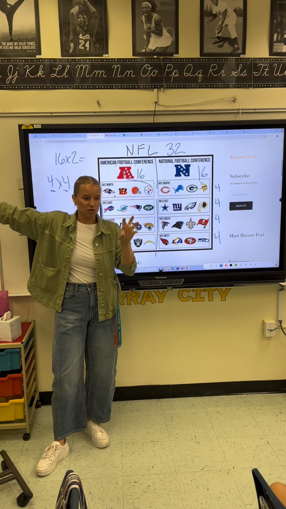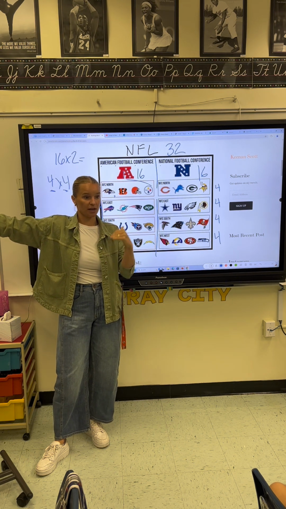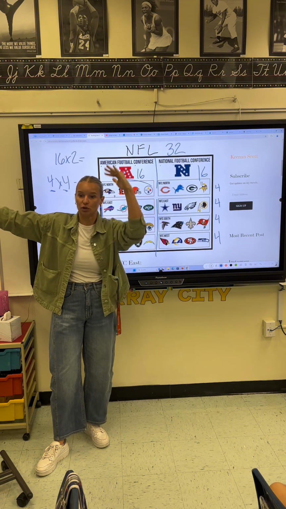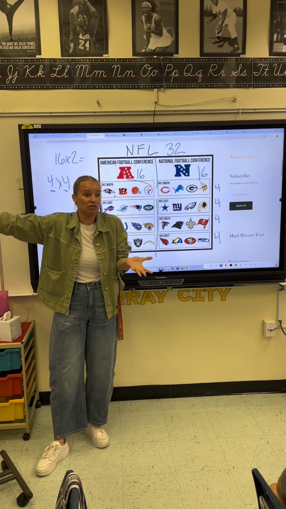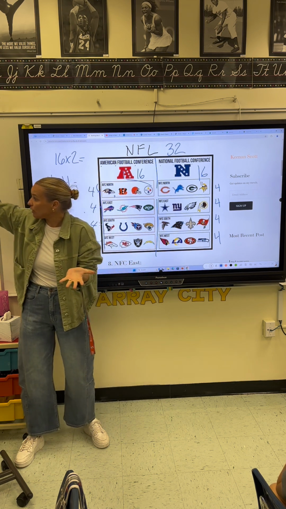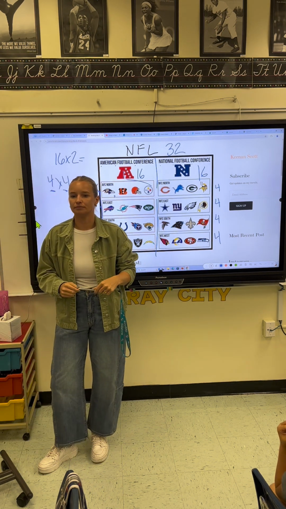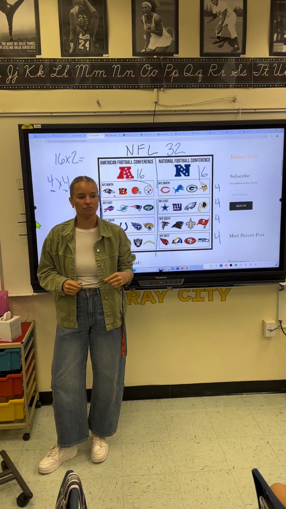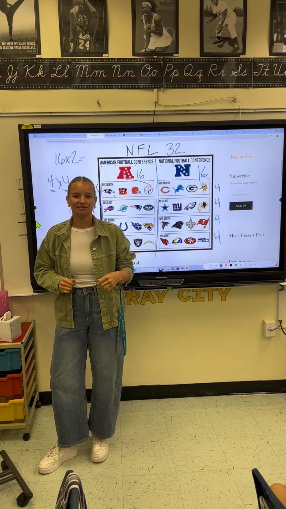What we're going to do today is when you get your computer, you're going to look up your team's schedule. There is a section where you write your team schedule where you're going to track your team's wins or losses. Now, if you look at the Dolphins schedule, count how many games there are. Count not the team, count the games. 17.